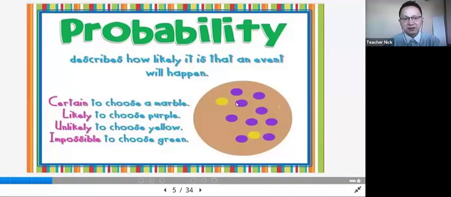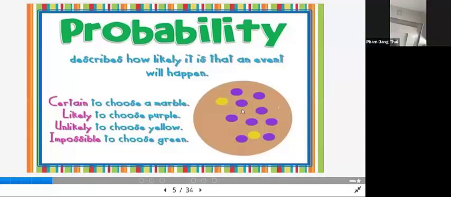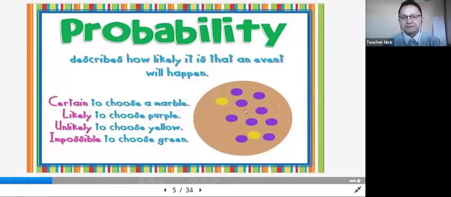Another one is, it's likely to choose purple. When we say likely, there are more purples you can choose in that setting. And when we say unlikely, there are only a few or the least number of items in the setting. So you can see it's unlikely to choose yellow.